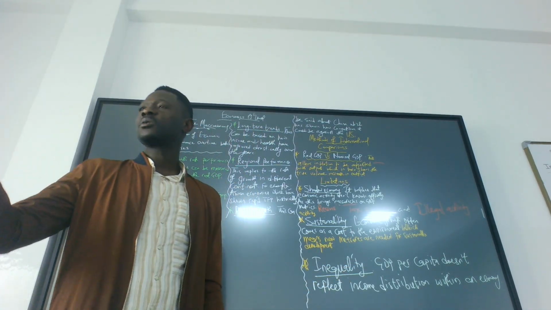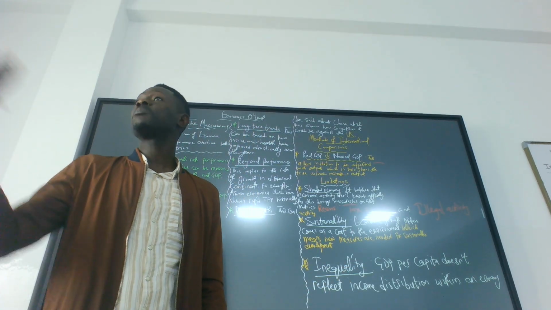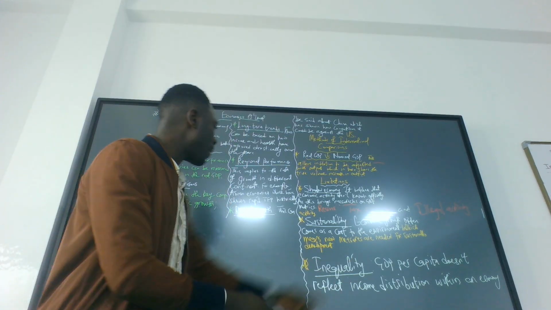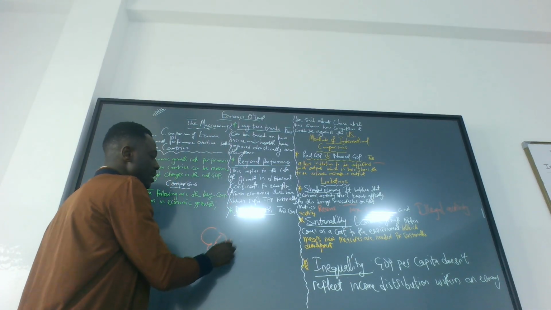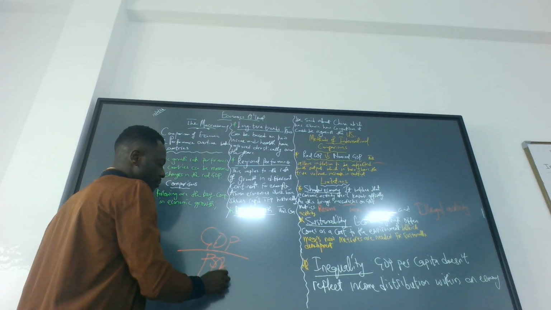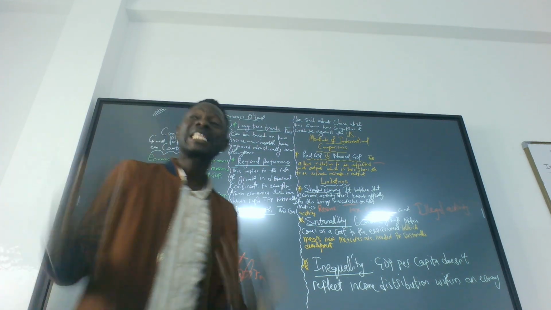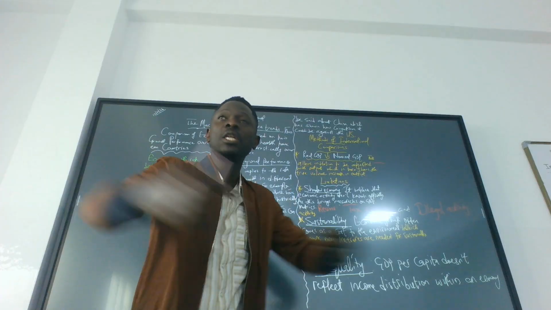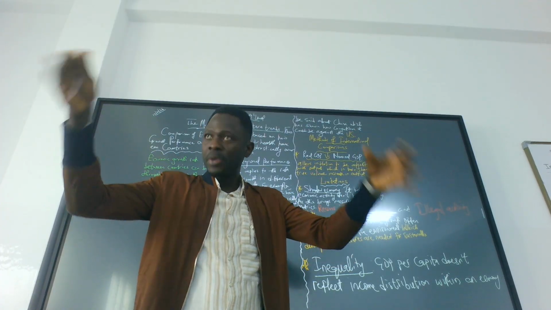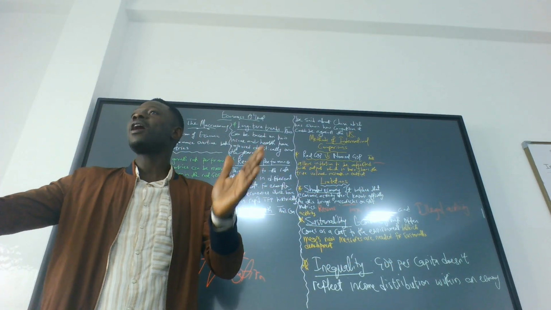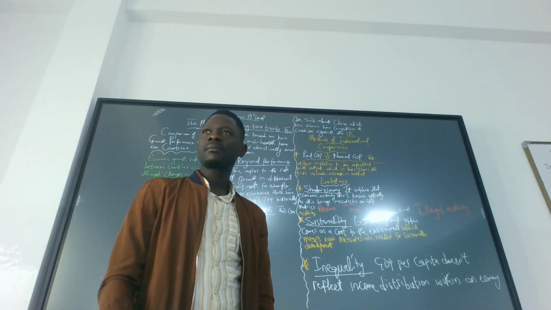And the last one, inequality. When the economy grows, the rich become richer and the poor become poorer. When we use GDP per capita, which is GDP divided by the population, to measure it, it does not tell us that income is equally distributed, because some people have more income than others.